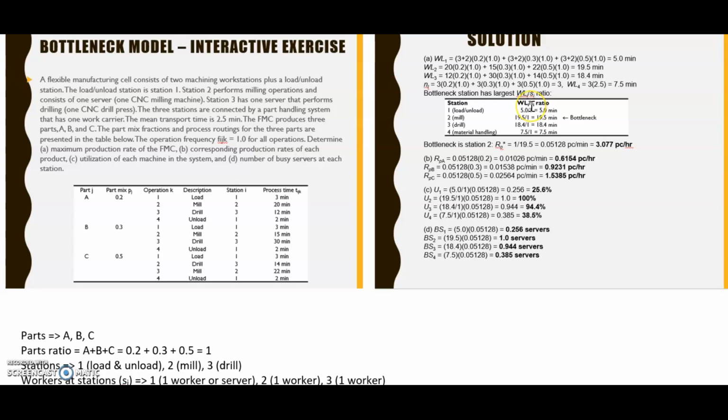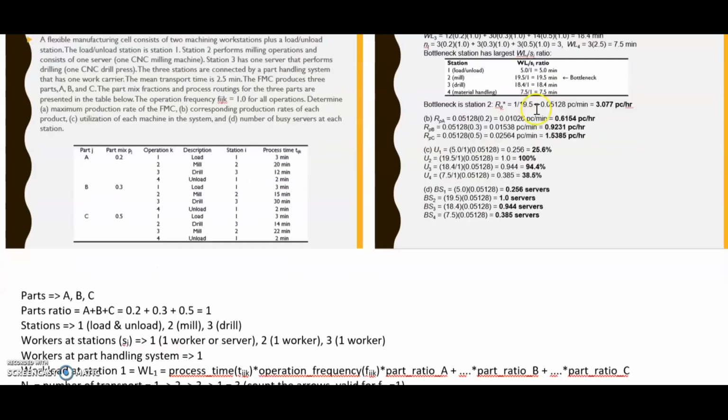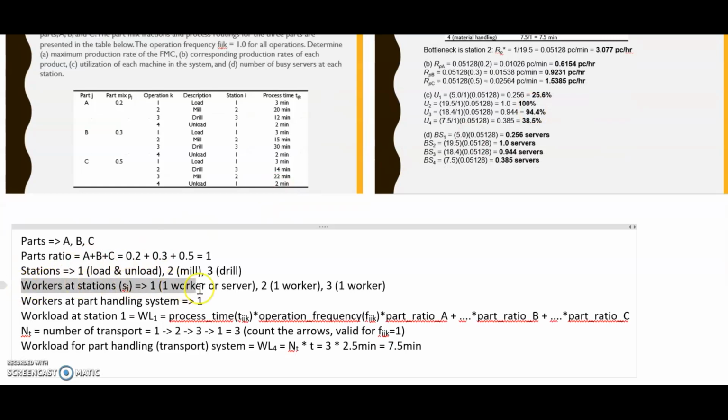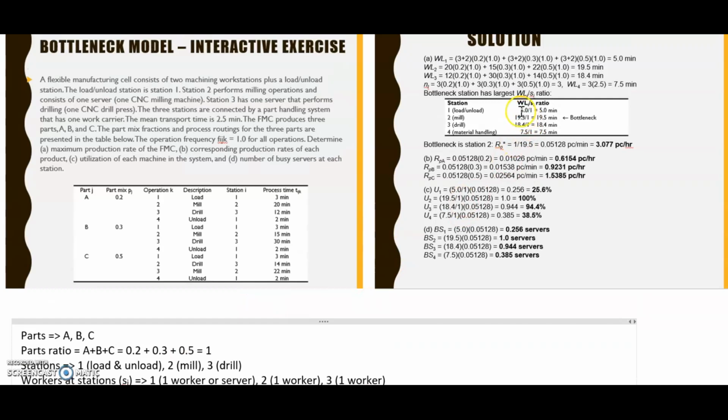These values need to be divided by the number of servers, S, which is also the worker. Going back to the information, the workers at stations 1, 2, 3 and the part handling system are 1 each, so all values are divided by 1. We get 5 minutes, 19.5, 18.4, 7.5, and the largest ratio is considered the bottleneck of the system.